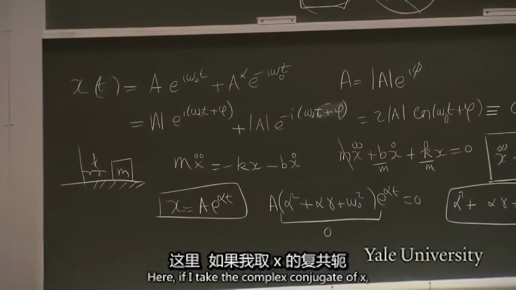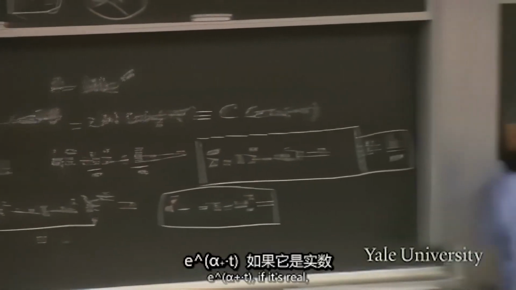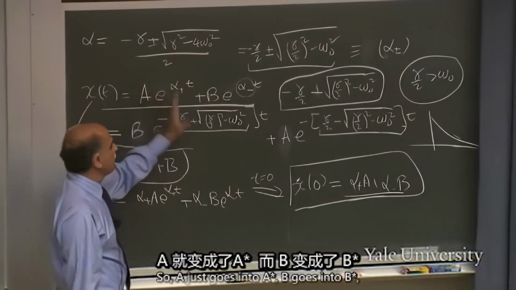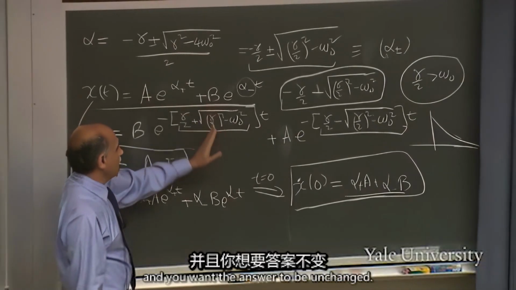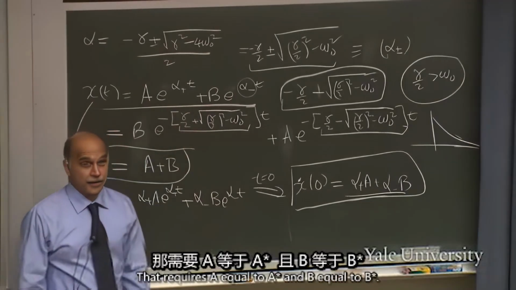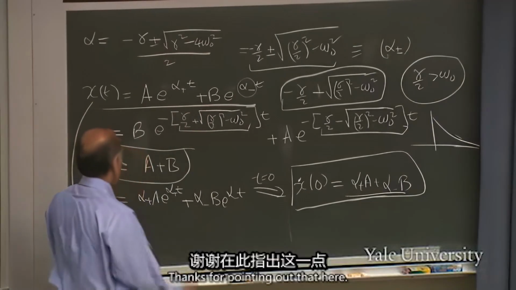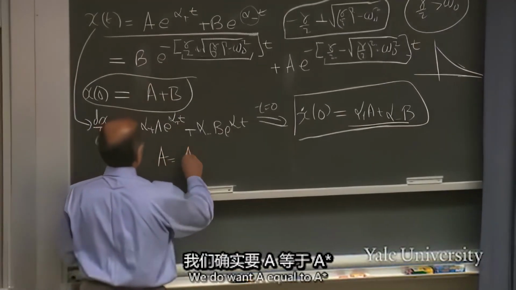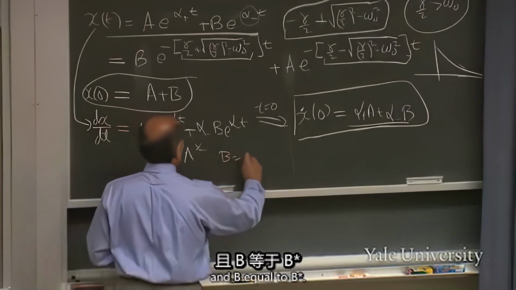Here, if I take the complex conjugate of x, e to the alpha plus t, if it's real, remains itself. So A just goes into A star, B goes into B star, and you want the answer to be unchanged. That requires A equal to A star and B equal to B star. So thanks for pointing out that here we do want A equal to A star and B equal to B star.